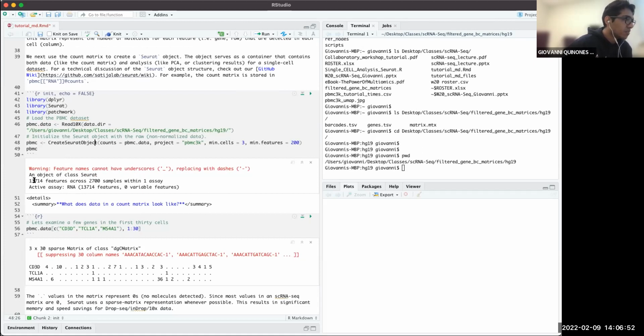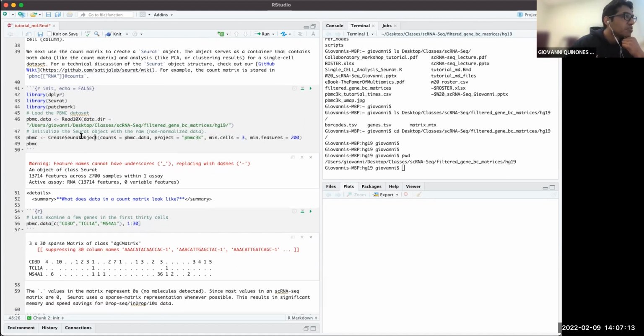We have a total of 13,000 features, so more than 13,000 genes that were identified across 2,700 samples. So this we knew from the beginning that we're dealing with 2,700 cells within one assay. And there is the option to upload multiple experiments, multiple samples, and so on. But here we're just dealing with one sample.